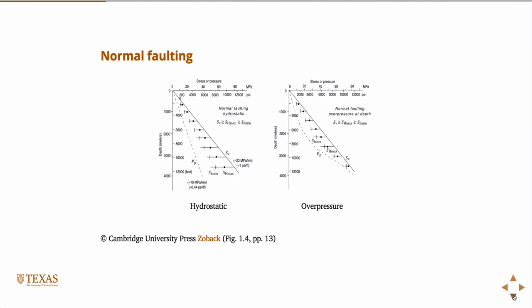And since the vertical stress is the maximum one, we know all the other ones are going to be on the other side of it. Okay? But we also know that the minimum principal stress, in any case, has to be greater than the pore pressure. Otherwise, you get hydraulic fracturing. So if we draw a line for the pore pressure, and we haven't talked about exactly how to come up with that, I'll talk about it in just a minute.